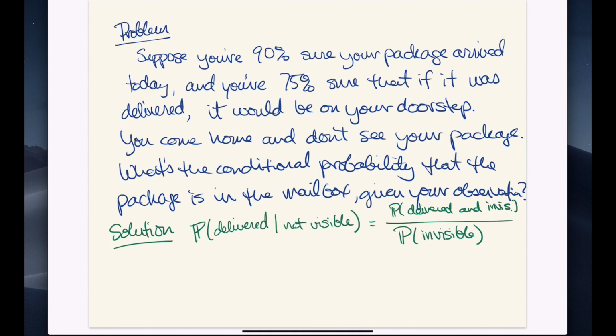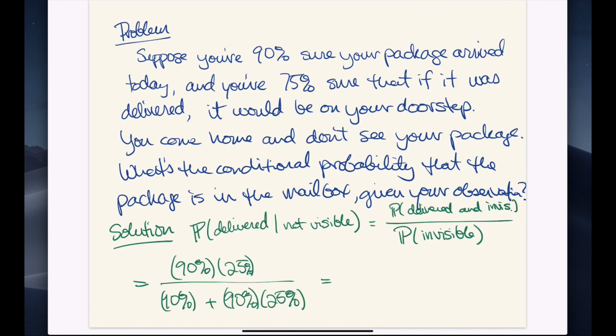So we know that the probability that it was delivered and invisible is 90% times 25%. And the probability that the package is not visible is 10%, corresponding to it having not been delivered, plus that same value we computed in the numerator. And this works out to about 69.2%.